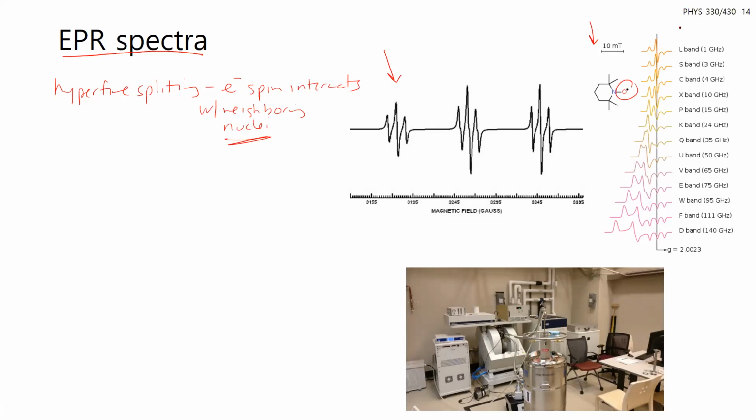If you want to use EPR, the instruments are categorized by different bands that correspond to the different microwave frequencies that you're studying. The stronger the magnetic field that you're using, the stronger the instrument and the higher resolution that you're able to get. By resolution, I mean the spacing of the peaks here.